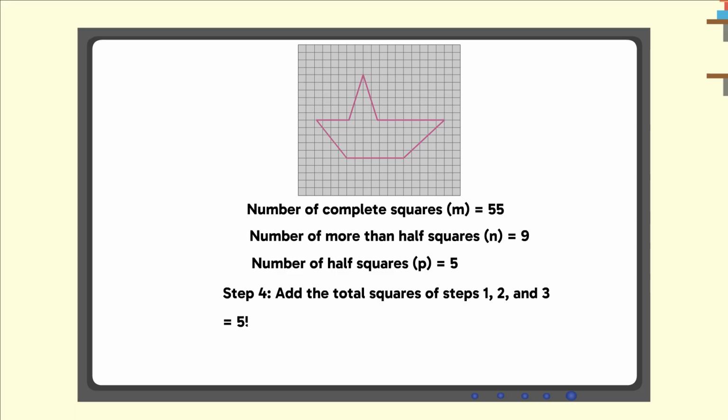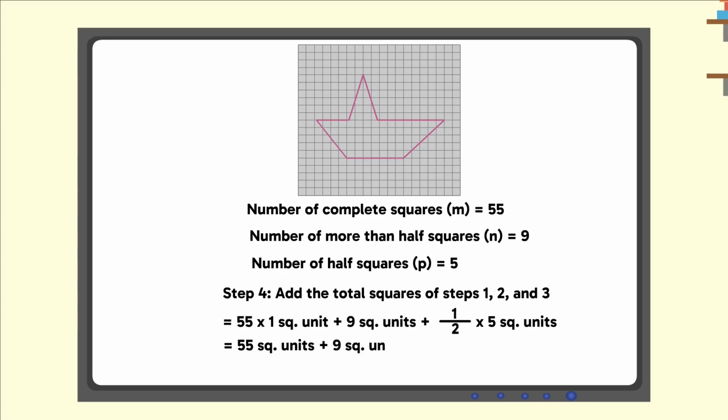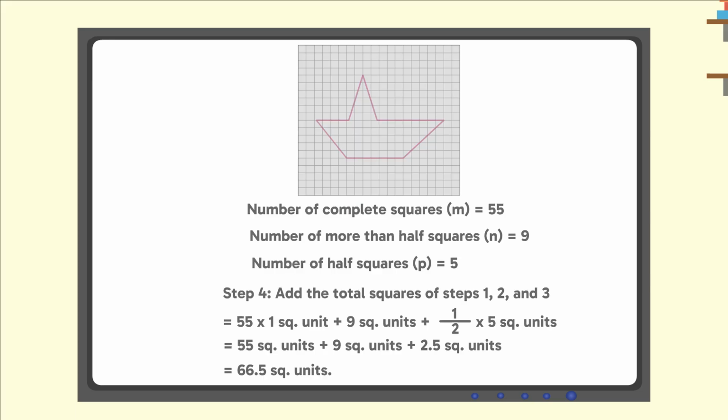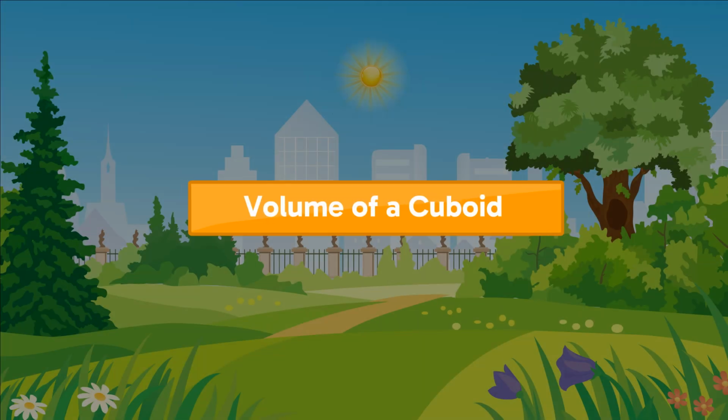So, the area of the closed figure is equal to the number of complete squares plus the number of squares having more than half parts enclosed plus half into the number of squares having half parts enclosed. So, the area of the irregular shape is 66.5 square units.